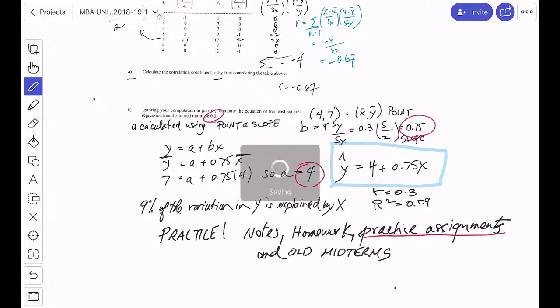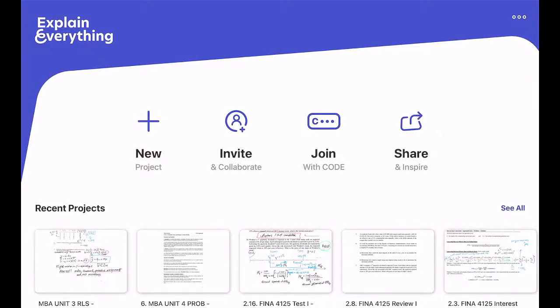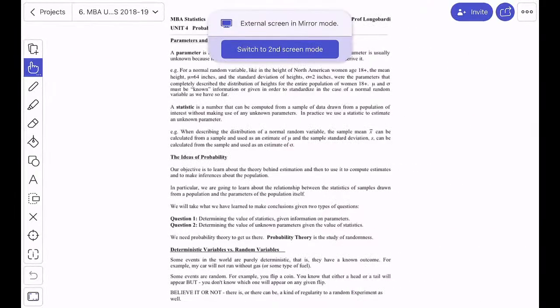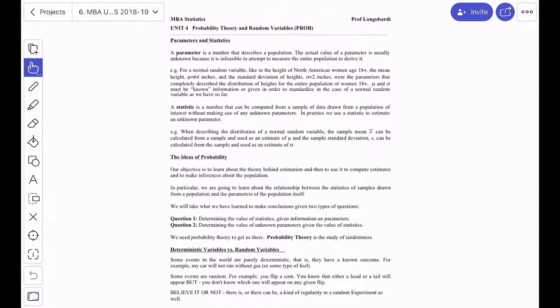So I want to go to the next unit. It's a big one. It's a big unit. So we're taking a little bit of a break from the normal distribution and from the things that we've been doing so far, and we're going to get into the theory.